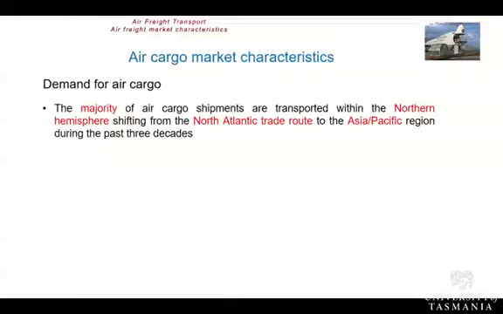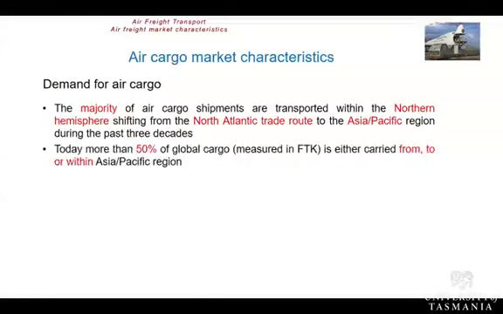So there's been a major shift in where the volumes of air cargo are moving. So they're moving from Asia either to North America or they're moving to Europe. So 50% of the global cargo, freight tonnes per kilometres, is either carried from, to, or within Asia.